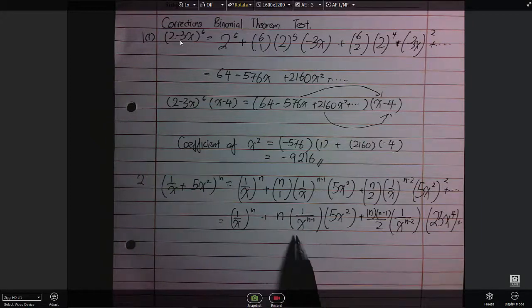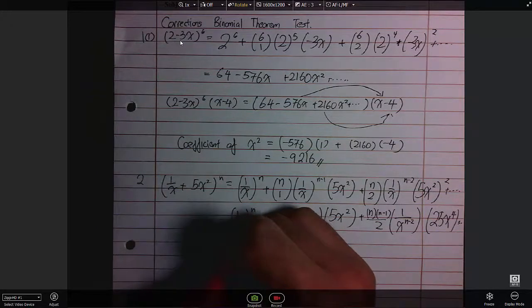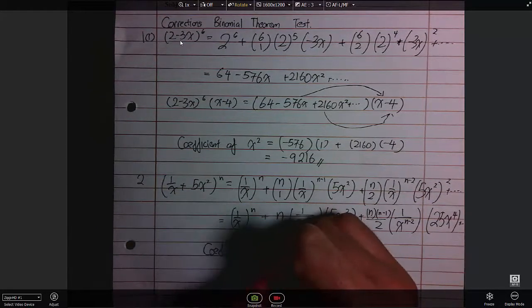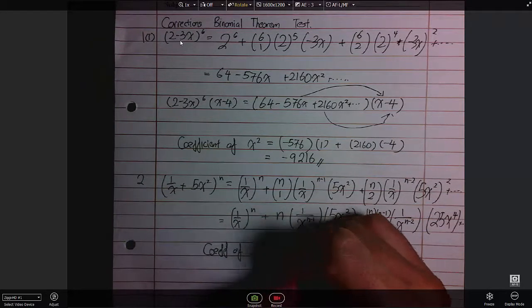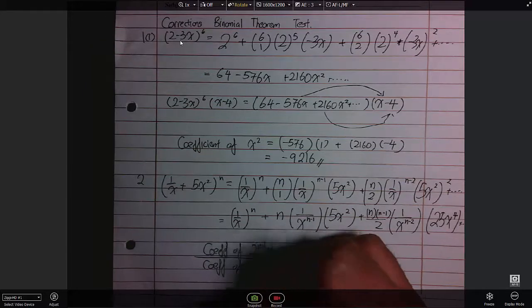So they say coefficient of second term. What gives me the coefficient? This is a term in x, this is a term in x. So for the second term, the coefficient is actually 5n. So I write coefficient of second term over coefficient of third term.